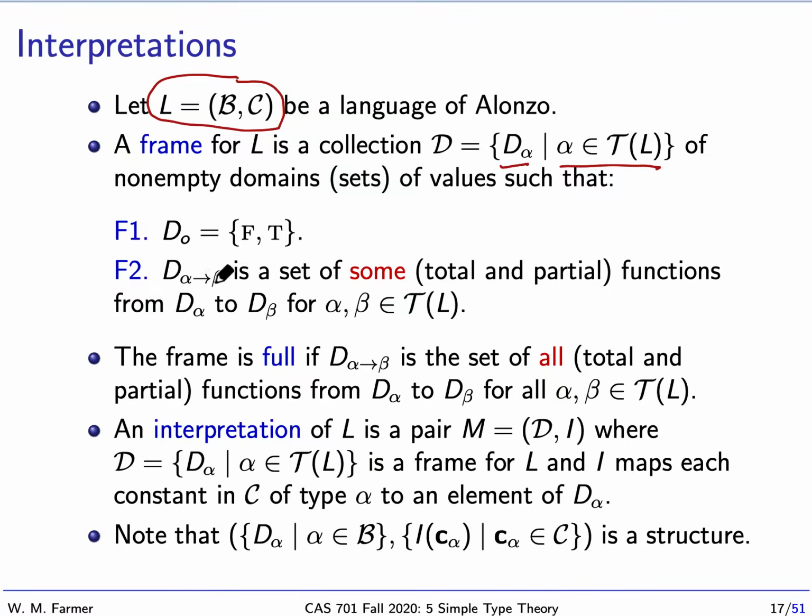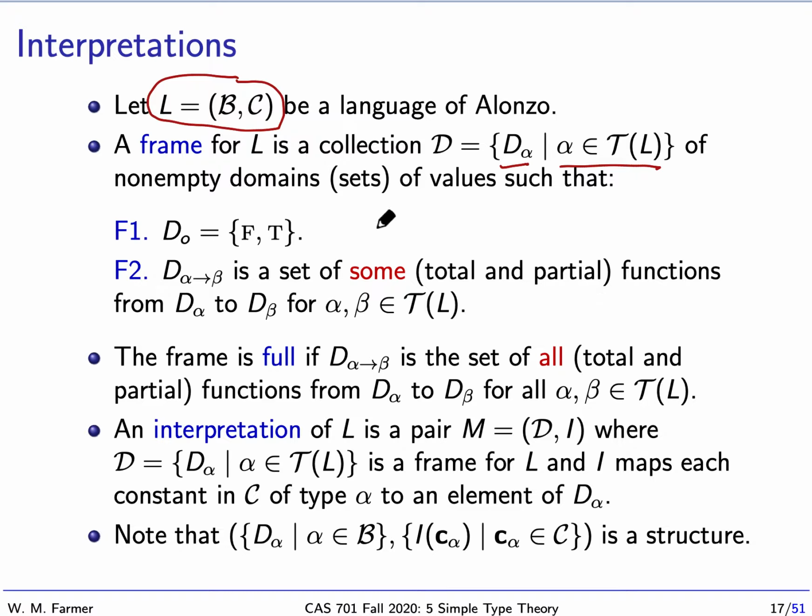And then the domain for a function type, let's say alpha arrow beta, is going to be the set of some total and partial functions from the domain for alpha to the domain for beta. This domain does not have to include all functions, but it includes total as well as partial functions.